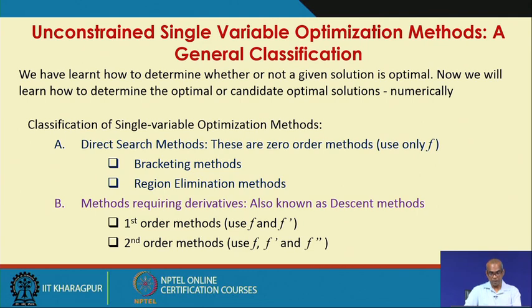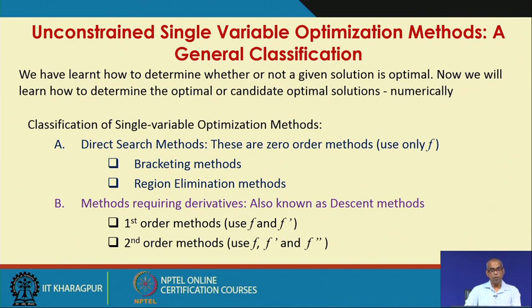Methods requiring derivatives are also known as descent methods. These methods use information on objective function value as well as information on the derivative. Some methods require only information of first derivative, other methods require information on first derivative as well as second derivative.